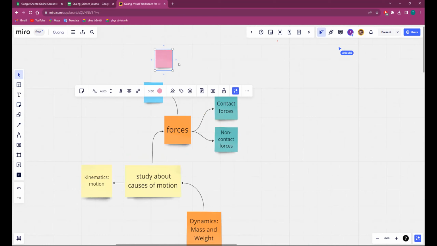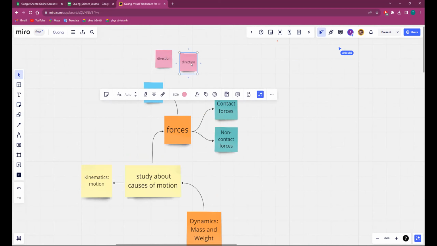Direction. So, heads and tail. And where is the tail? That's very good. What else?